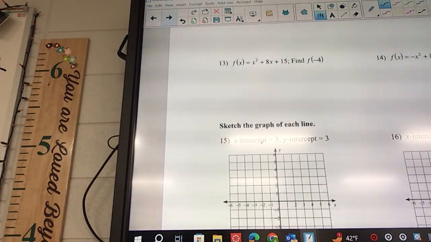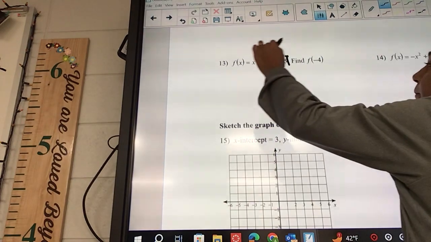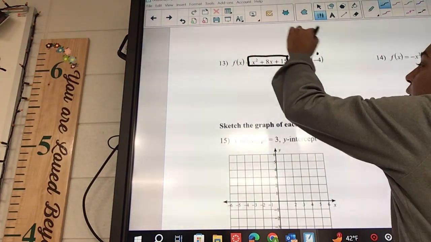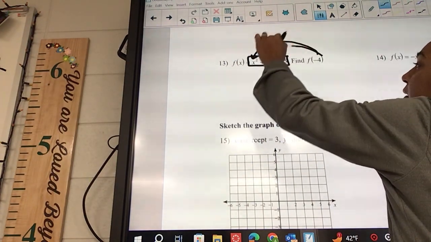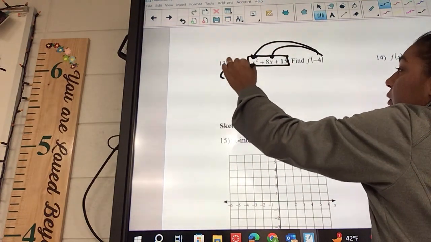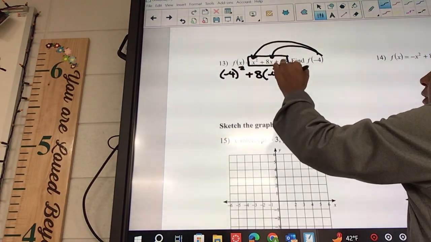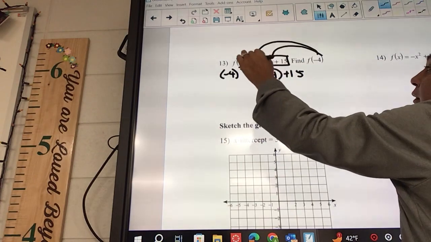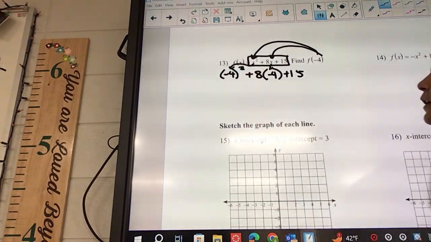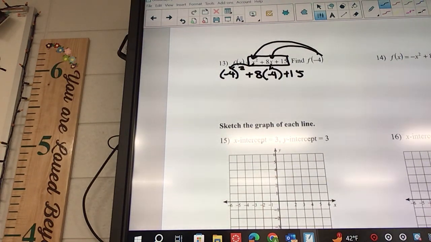Okay, 13. Again, you're going to plug in everywhere there's an x. We're plugging in what? Negative 4. So we're going to plug this in 2 times. On your calculator, you're typing parentheses negative 4 squared plus 8, parentheses negative 4, plus 15. Everywhere there was an x, that's what we would be looking at on our calculator. 32?